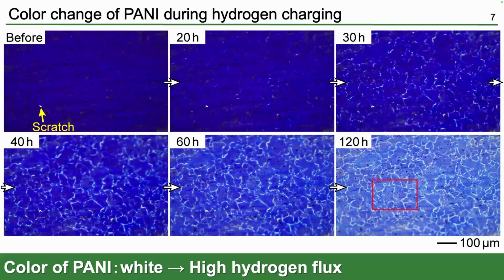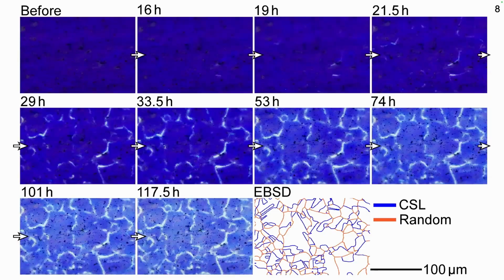This is the polyaniline before hydrogen charging. After 16 hours, slight whitening was observed here, and whitening proceeded with time. The white area increased, and after 53 hours, the increase of the white area almost stopped, but the whole observation area brightened slowly.